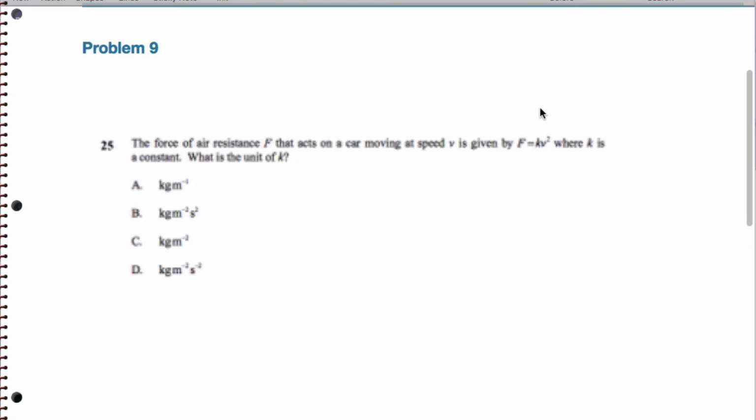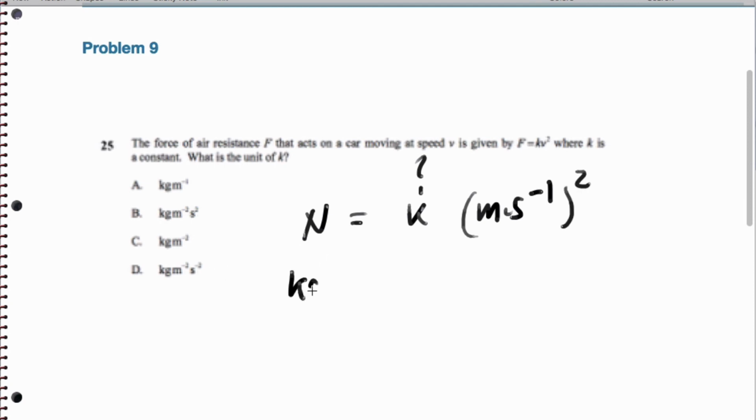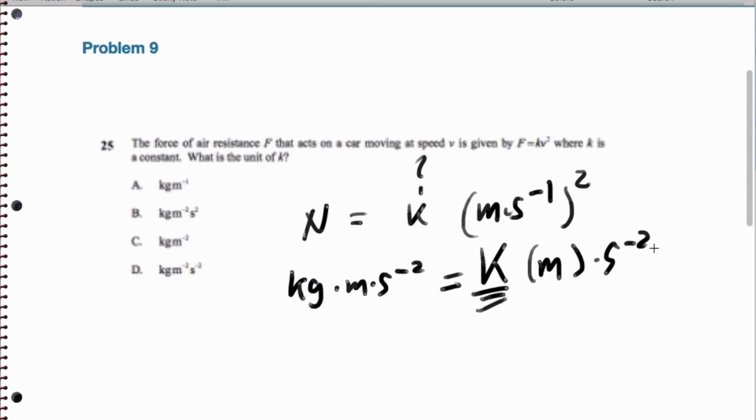Now here, a force acts on a car moving at a speed v given by F equals kv squared, where k is a constant. What is the unit of k? So let's be clear. F is measured in newtons. K is what we want to know. And v is measured in meters per second. And we're squaring that v in this formula. So newtons is kilograms, m, times a, meters, seconds to the negative 2. And that's going to be this k here times meters squared times seconds to the negative 2.